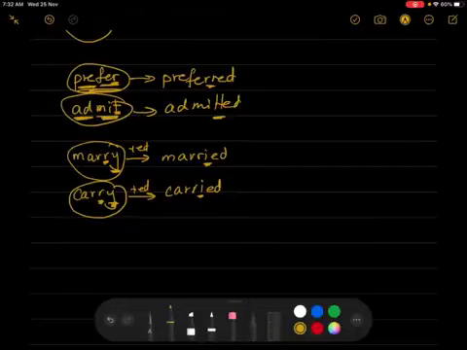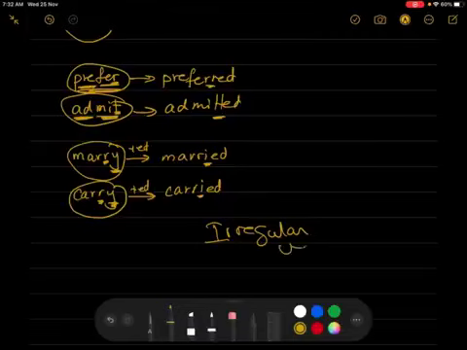Also, I will not mention irregular verbs because, as you know, I asked you to memorize the irregular verbs by heart. When I told you about the table of irregular verbs, I told you to memorize them by heart at the end of the fundamentals in our academic English book.